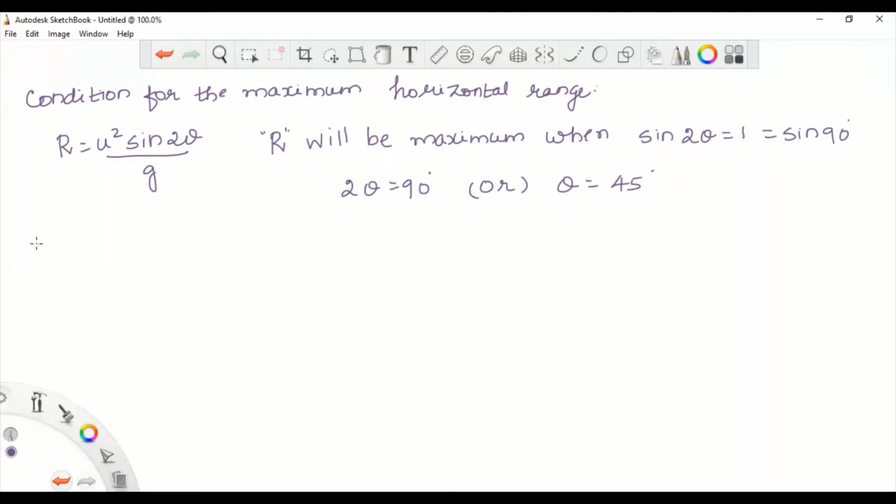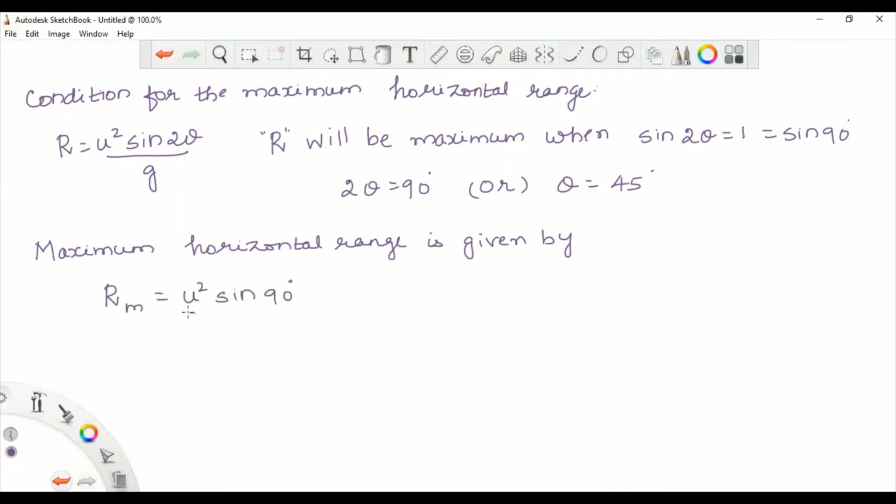So the maximum horizontal range Rm is equal to u square sine 90 divided by g, that is u square divided by g.